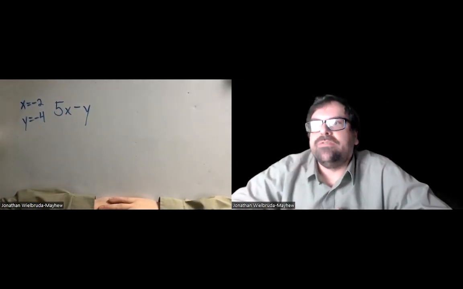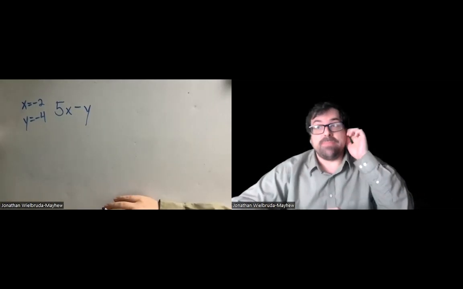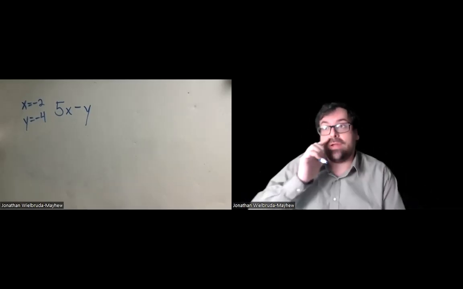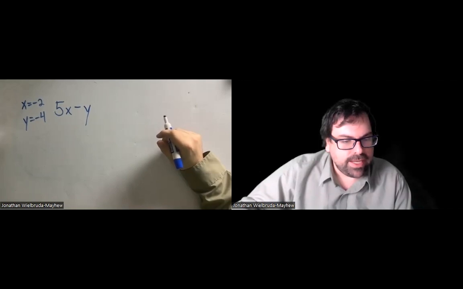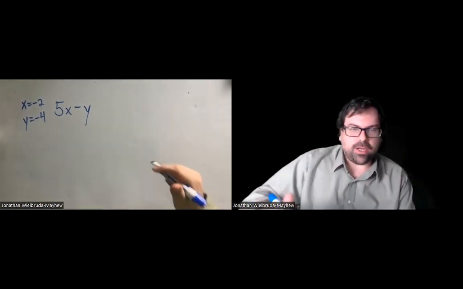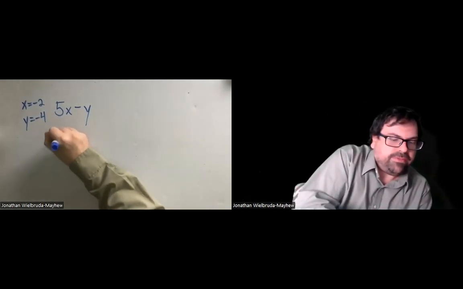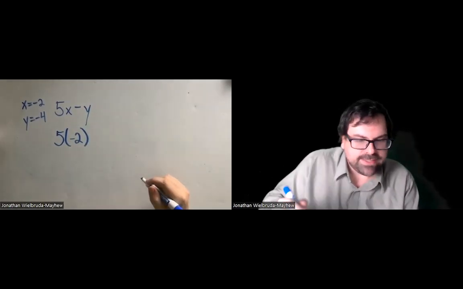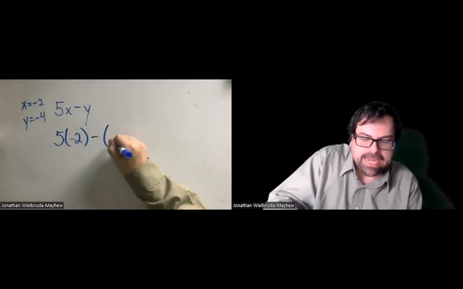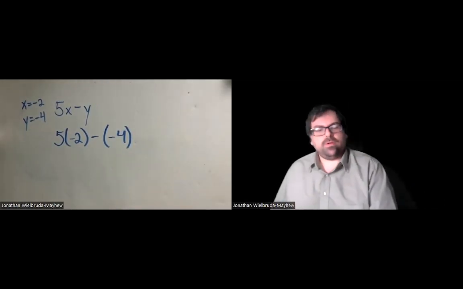Okay, x is -2, y is -4. We want to evaluate 5x minus y. Go ahead and give this a try. When you're done, hit play. I'm going to go ahead and do this now. This would be 5 times -2 for 5 times x, and then minus -4. Be careful.